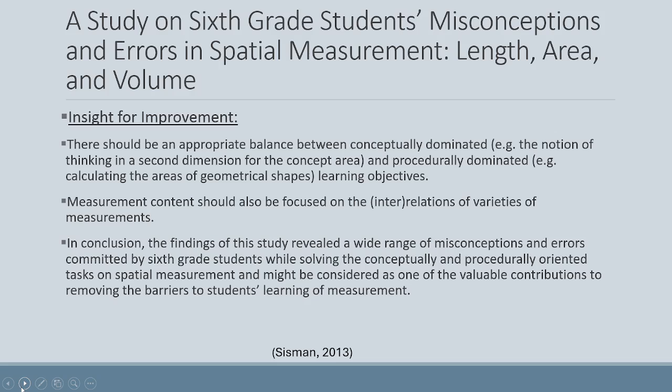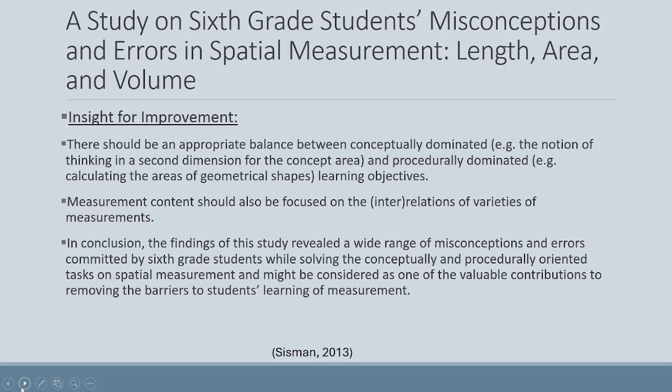So how does this lead us into insight for improving the misconceptions that we see? There should be an appropriate balance between conceptually dominated, this notion of thinking in a second dimension for the concept of area, and procedurally dominated, talking about calculating the area of geometrical shapes, those two learning objectives.